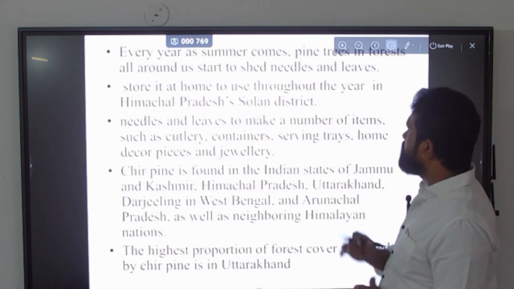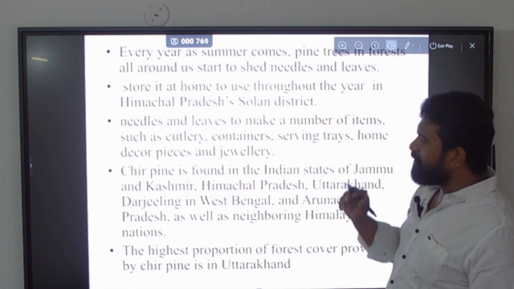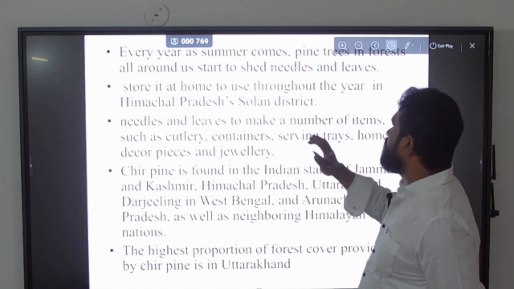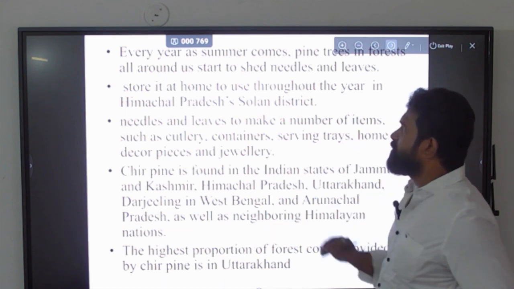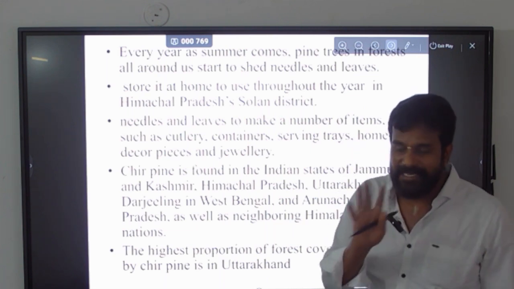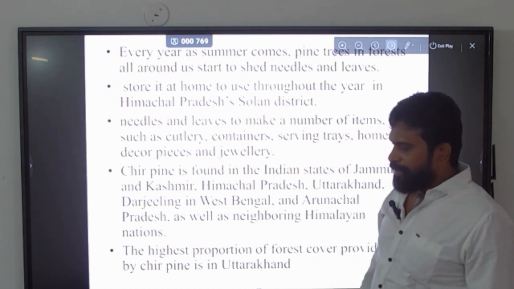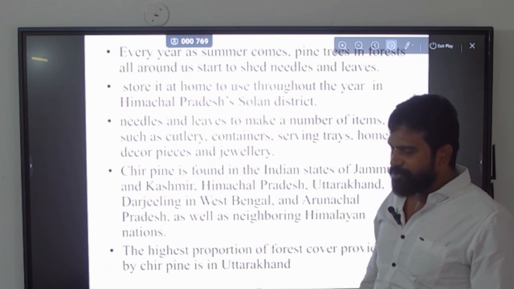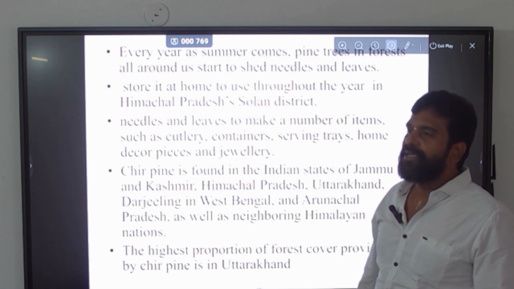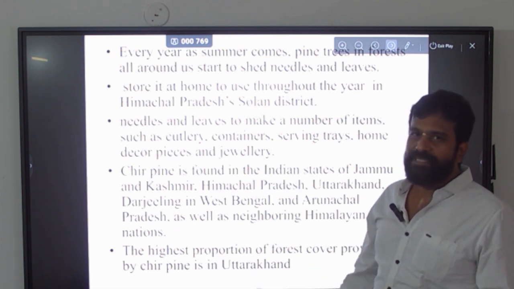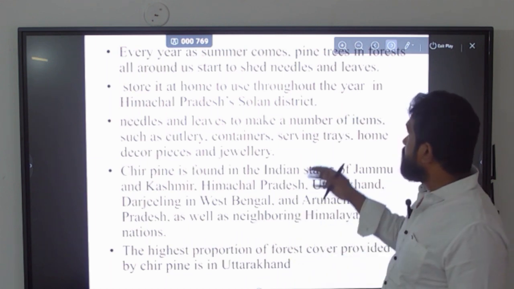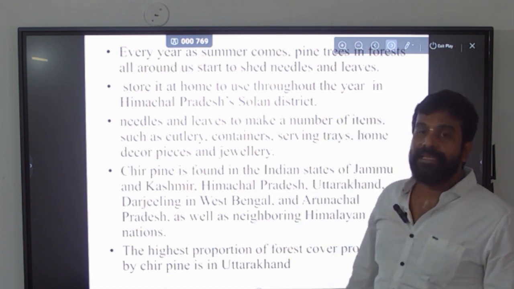Now let's see this. Whenever summer comes, the pine trees in the forest shed their needles and leaves. You know there is a season called autumn. In deciduous forests, in autumn the trees shed their leaves.